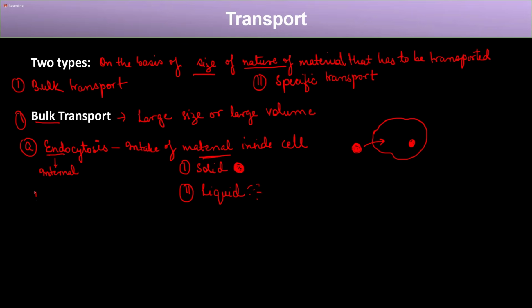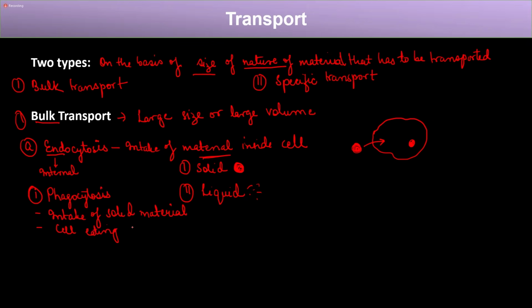The first one is if the material is solid. Intake of solid material is called phagocytosis, and this is also called the cell eating process.